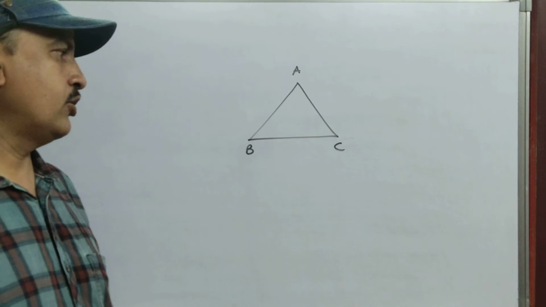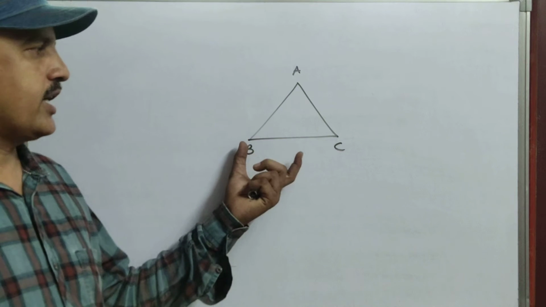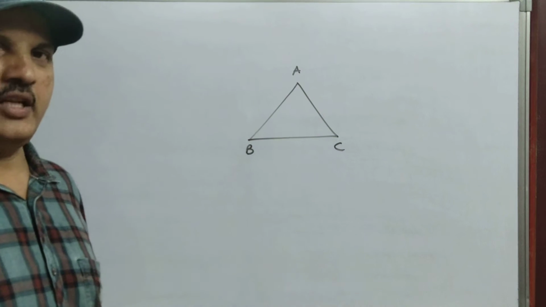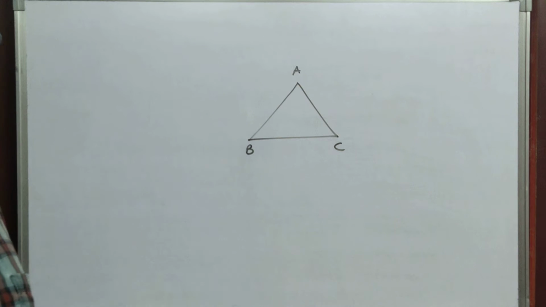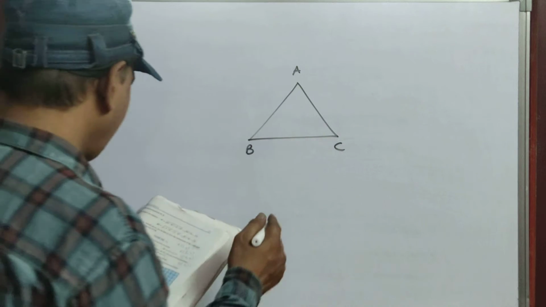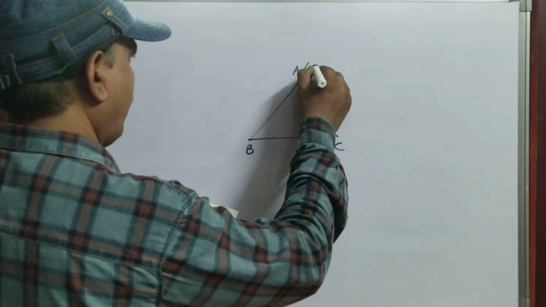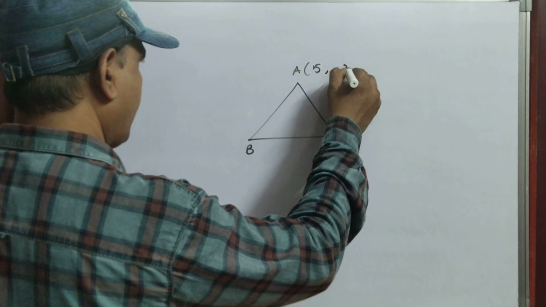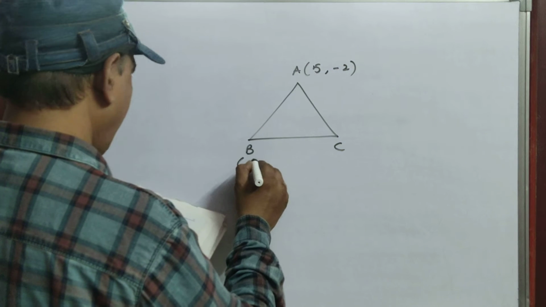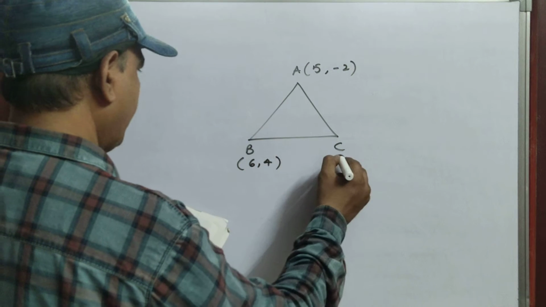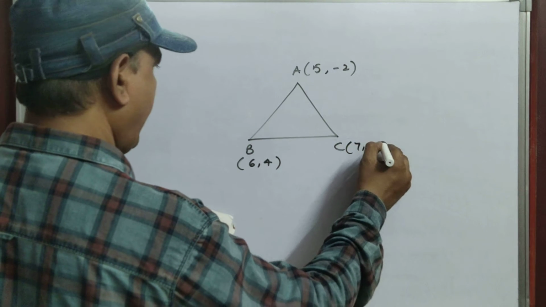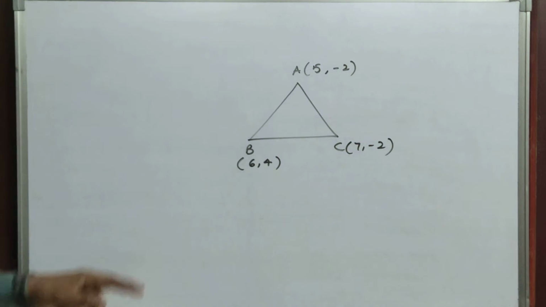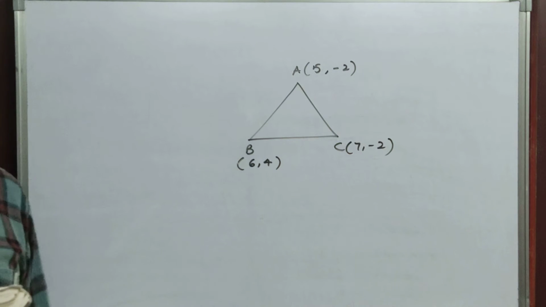So we consider some ABC or PQ or XYZ, whichever alphabets you like. But here 3 points are given, no? A is 5 comma minus 2, B 6 comma 4 and C 7 comma minus 2. So these are the 3 points given in the question.